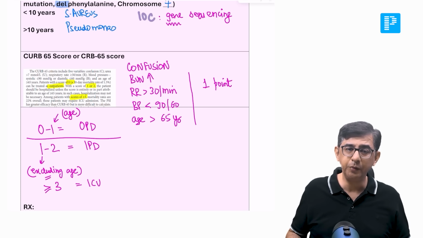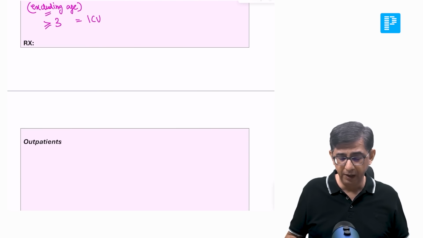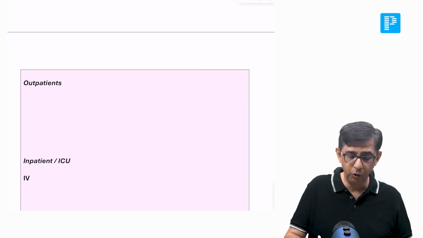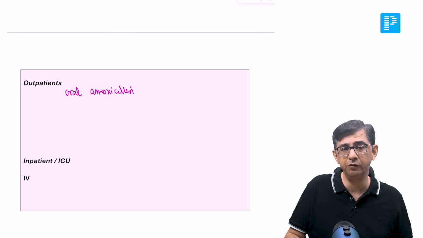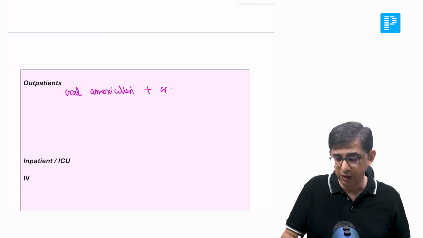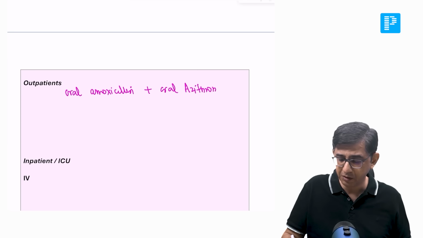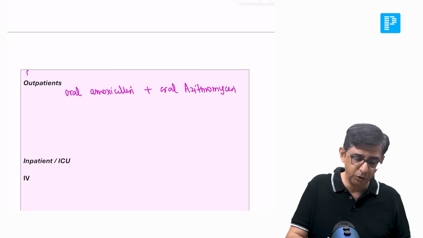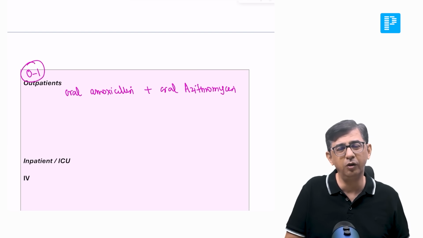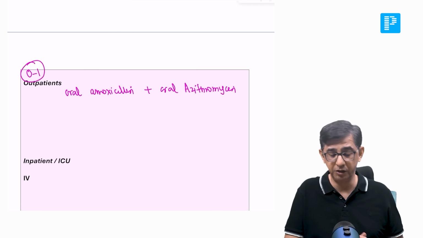Now, as far as the treatment of these patients is concerned, the antibiotics that we'll be using for outpatients will be mostly oral amoxicillin. And the second antibiotic used along with amoxicillin would be oral azithromycin. So it's oral amoxicillin and oral azithromycin that is given for patients with a CURB score of 0 to 1, with only the age parameter being taken into consideration.